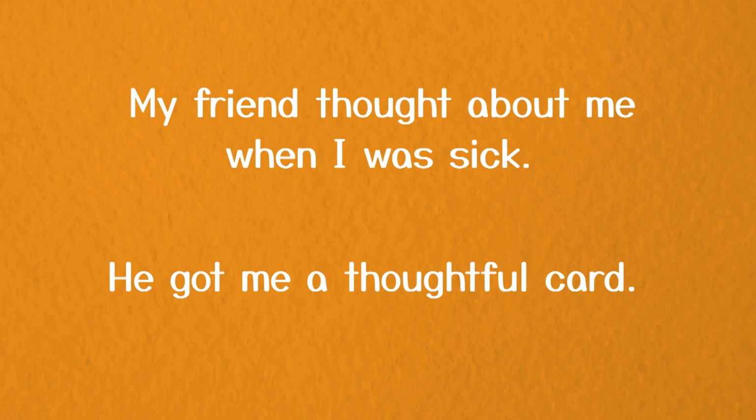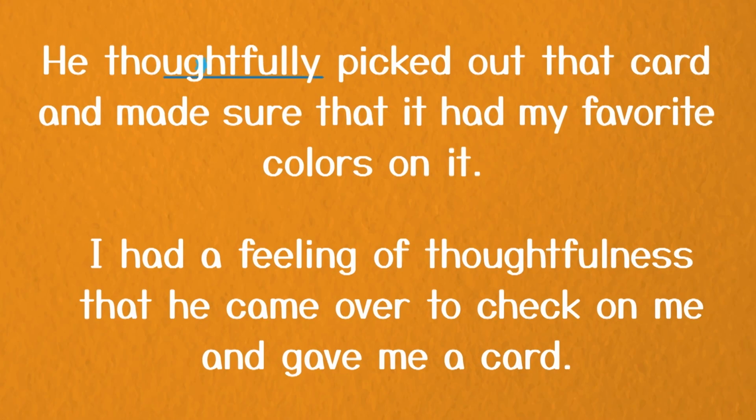He got me a thoughtful card. Oh, such a sweet friend. He thoughtfully picked out that card and made sure that it had my favorite colors on it. I had a feeling of thoughtfulness that he came over to check on me and gave me a card.